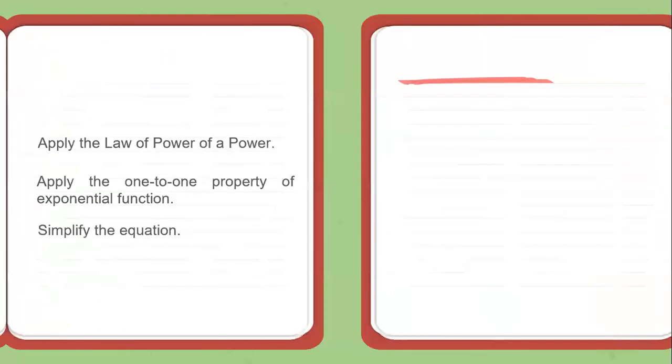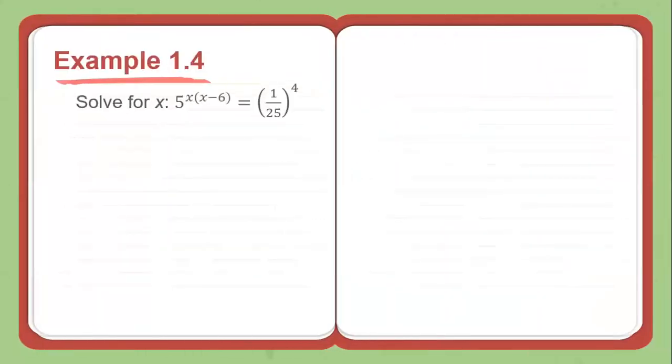For our last example, for method 1, we have to solve for x in 5 raised to x times x minus 6 is equal to 1 over 25 raised to 4. So the first step, class, here is still the same. Express both sides of the equation as the power of the same base.